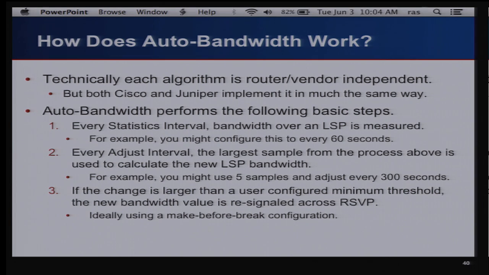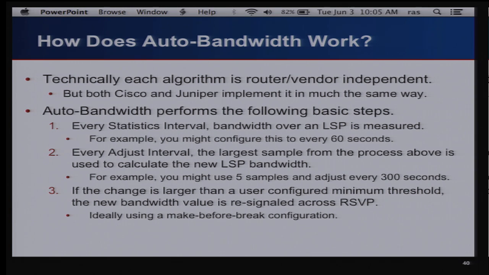So you say, I want to take multiple of these statistics intervals and figure out, do I need to make an adjustment in my reservation? And how often should that be? For example, you might do a 5-minute adjust interval, looking at 5 of those 60-second samples. The adjust interval's up, it's been 300 seconds.